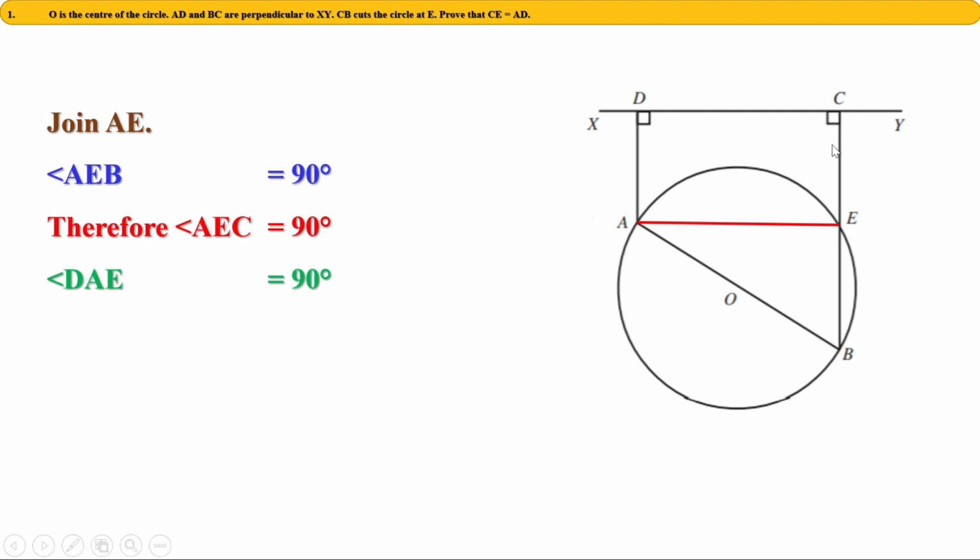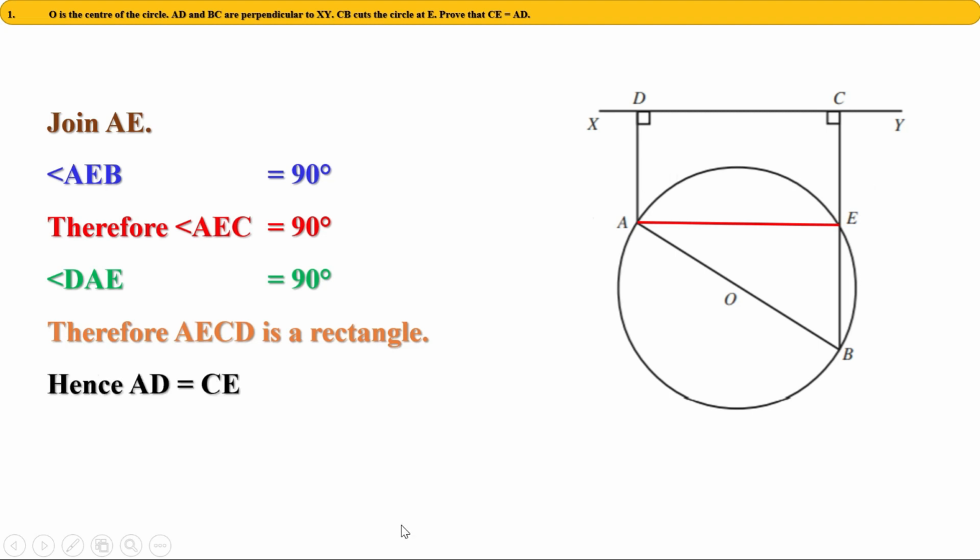So we got all the 4 angles of this quadrilateral are 90 degree. That means it is a rectangle. Now we know opposite sides of a rectangle are equal. AD and CE are opposite sides of this rectangle. So they are equal. So we can say AD equal to CE.